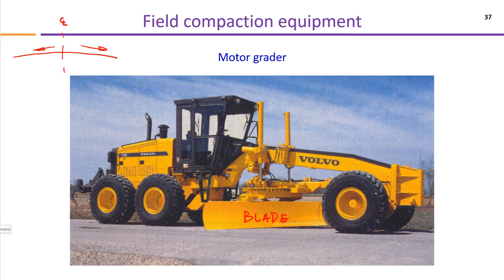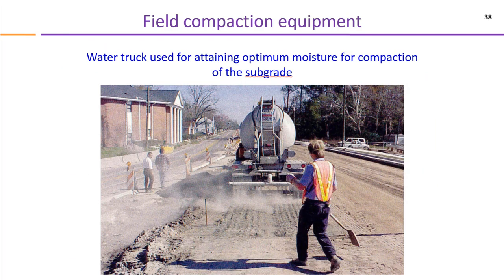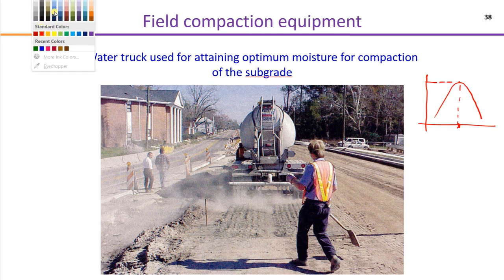Now when we are compacting our soil, we have to do it at a certain water content. And if you remember, we did one question in our last lectures. If this is our maximum dry density, gamma d max, and this is the optimum water content, we cannot achieve 100% density. So we are going to try to achieve, let's say, 95% or 98%.